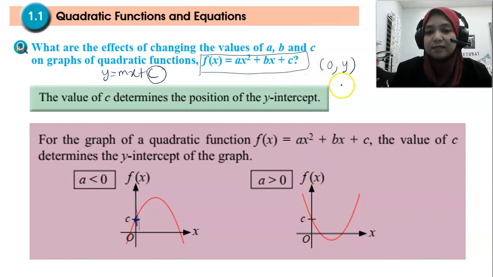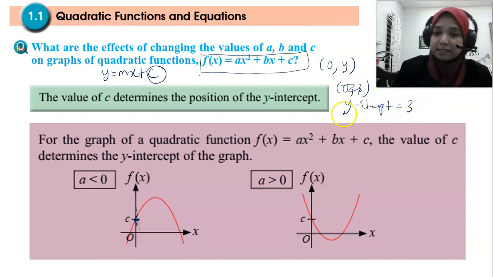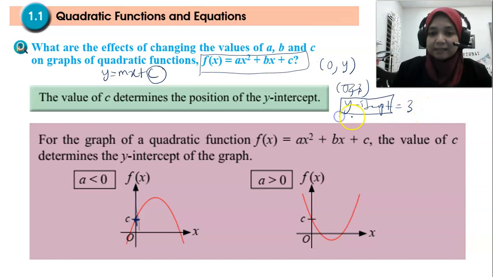Kalau C 3, so y-intercept dia ialah 0, 3. Kalau dia minta koordinat macam ni. Kalau dia kata y-intercept, awak buat y-intercept equal to 3. Tak payah letak koordinat sebab bila dah y-intercept means dia dah tahu dah. Terus masuk dalam kepala. So, y-intercept for this case is the value of C.